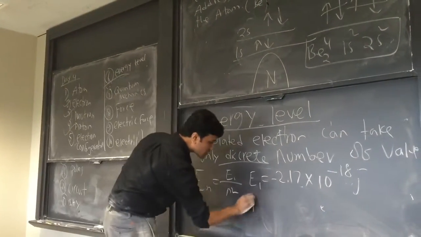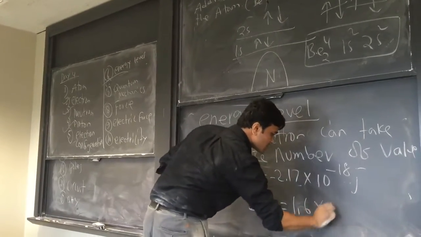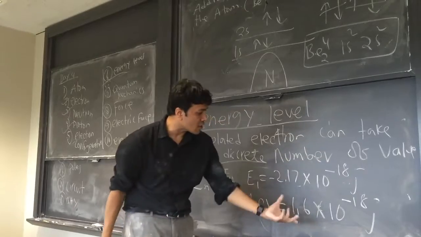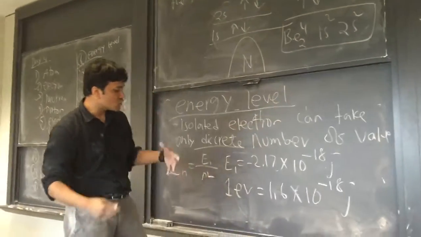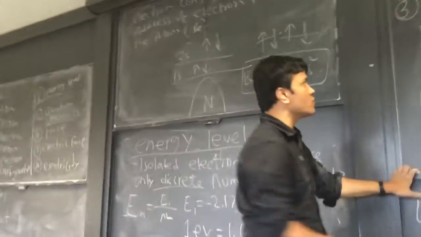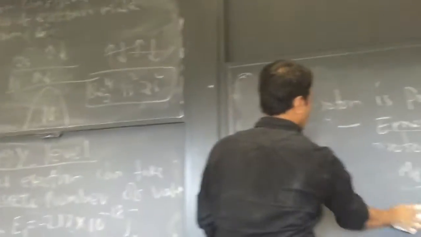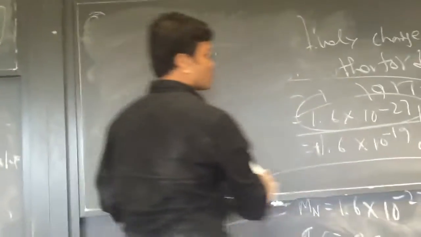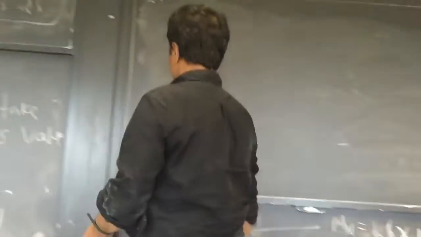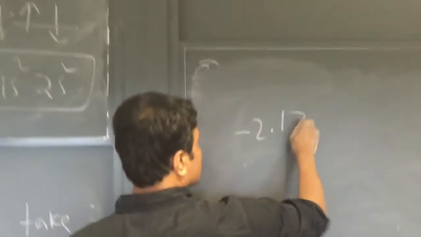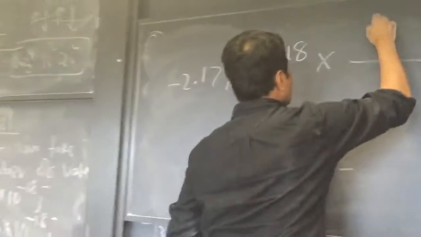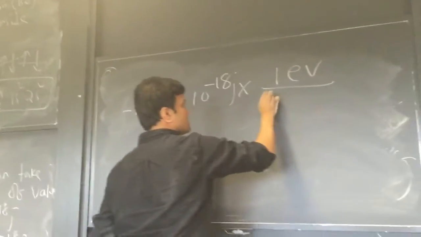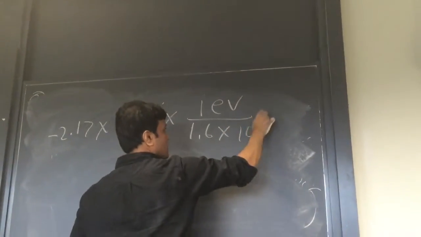One electron volt is 1.6 times 10 raised to negative 19 joule. It is the same in magnitude, but the unit is different. So we do a unit conversion from joule to electron volt: negative 2.17 times 10 raised to negative 18 joule times 1 electron volt over 1.6 times 10 raised to negative 19 joule.